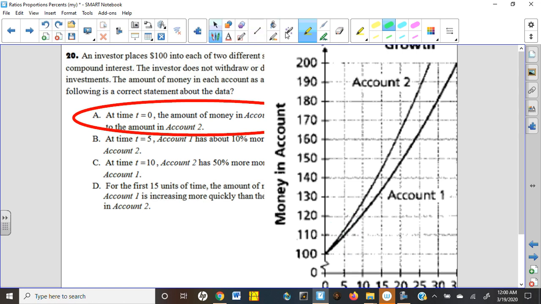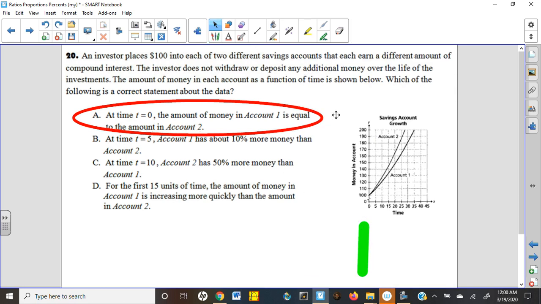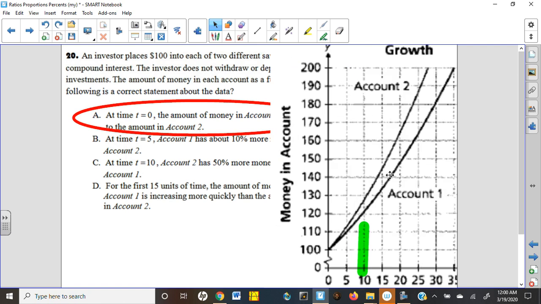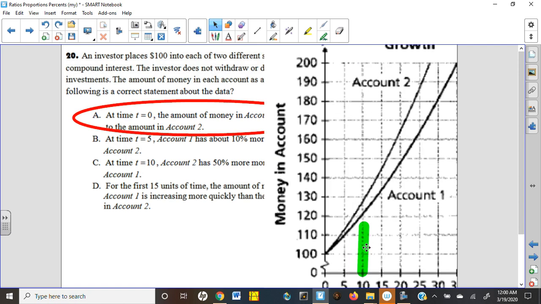Letter C says at time 10, account 2 has 10% more money than account 1. Well, it does have more, that's for sure. How much more? Account 1 has about 120 something, and account 2 has about 100, so they're both in the 120s.